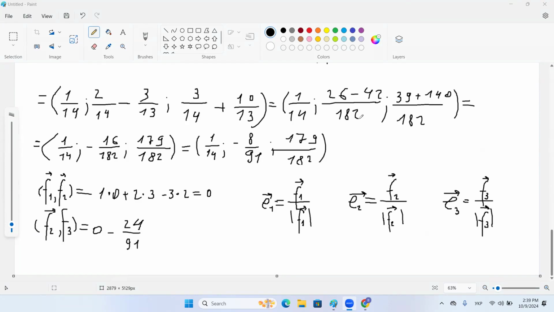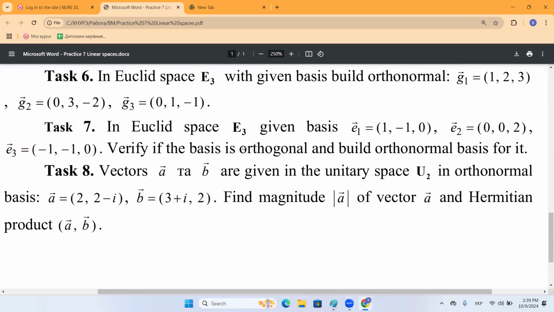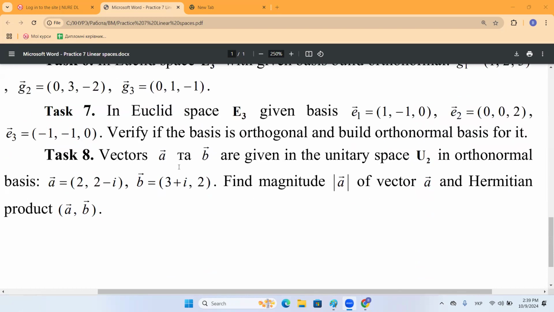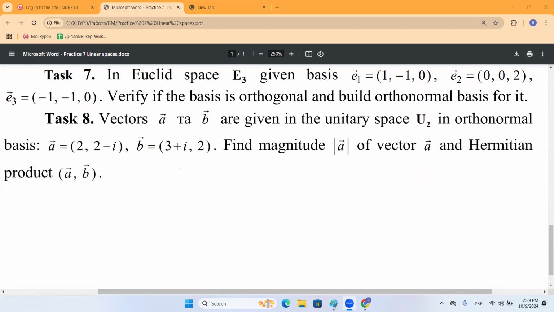Yeah, we just made a mistake. I made a mistake, and F3 is incorrect. And now we have to solve one more task, task 8. So now, what do you remember about unitary spaces, Hermitian product?